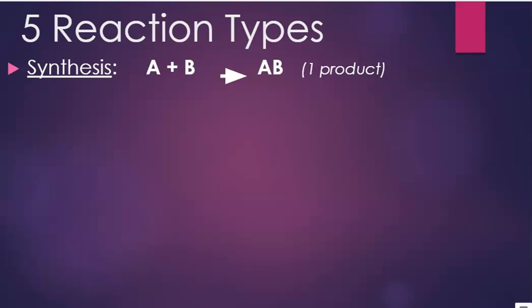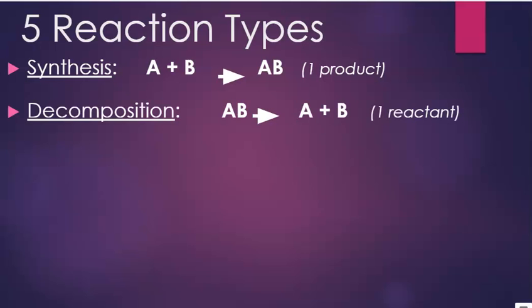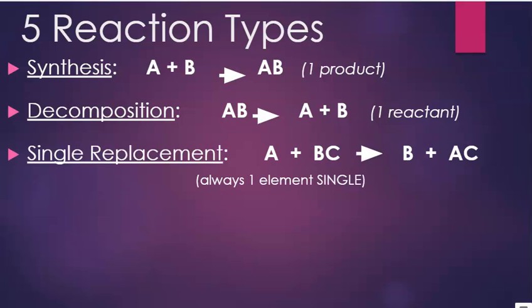Now we're going to change gears a little bit and talk about the 5 main types of reactions. Got synthesis, which is A plus B yields a single product. Decomposition, when a single product decomposes into 2 different reactants. And single replacement, A plus BC, they basically trade places.